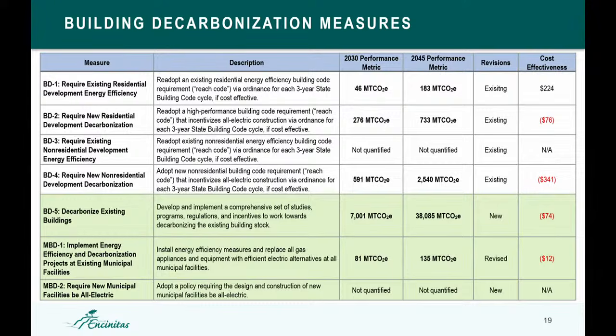And then the revisions column refers to whether this measure was in the 2018 CAP as an existing measure, if it was revised, that being expanded or altered in some way from the 2018 CAP, and then new being an entirely new measure proposed for the 2026 CAP update. And lastly is the cost effectiveness column, and this is the direct results of the benefit cost analysis that was conducted for the CAP update.